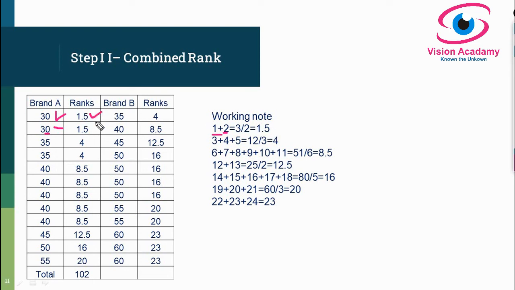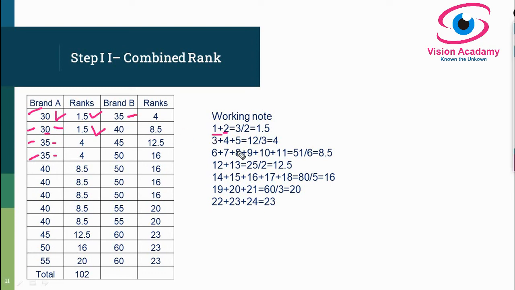So 1.5, 1.5. Since there is a tie between two observations, we have added the positions and divided by the number of observations. The next value in brand A is 35. 35 is third position, one more 35 is fourth position, and in brand B we also have 35, which is the fifth position.